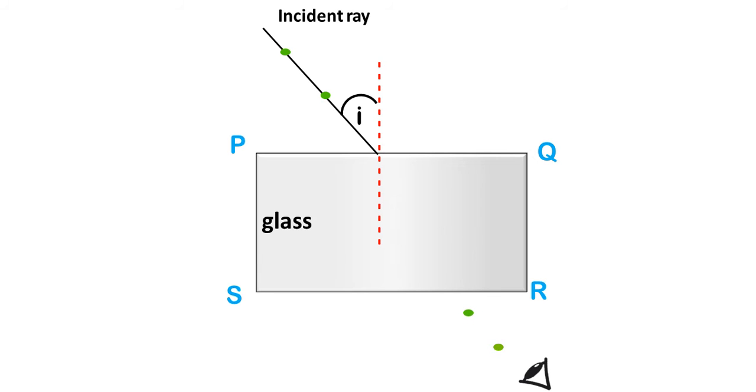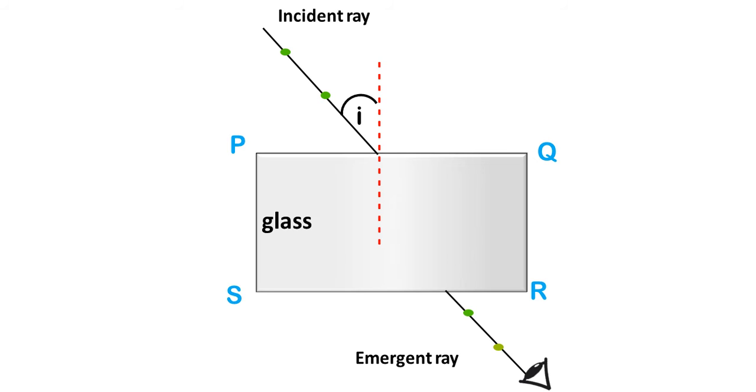And place one more pin in such a way that all 4 pins coincide and you are able to see only one pin. Now join these 2 points. There you will get your emergent ray. So this is the emergent ray. The ray emerges out of the glass slab in this manner.